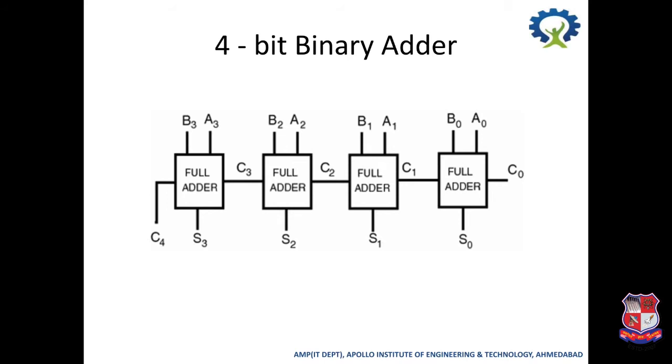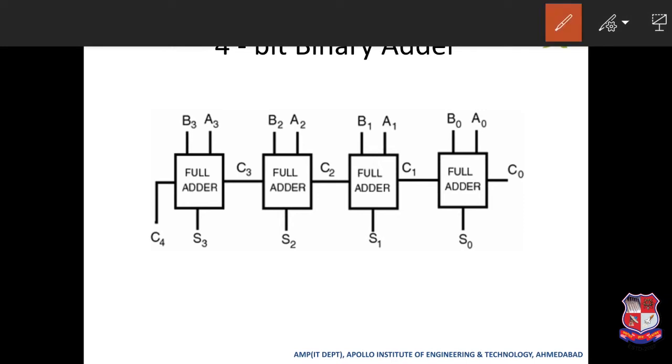Okay. Here we see 3 inputs C0, A0, B0 in the first full adder and 2 output lines S0 and C1. This carry output line is directly transferred as an input to the next full adder.